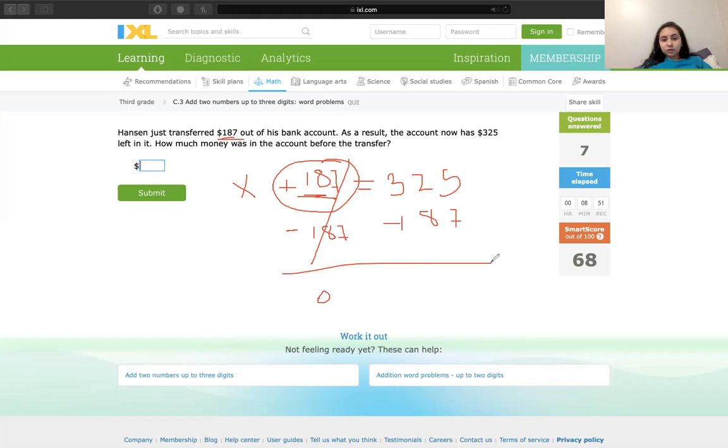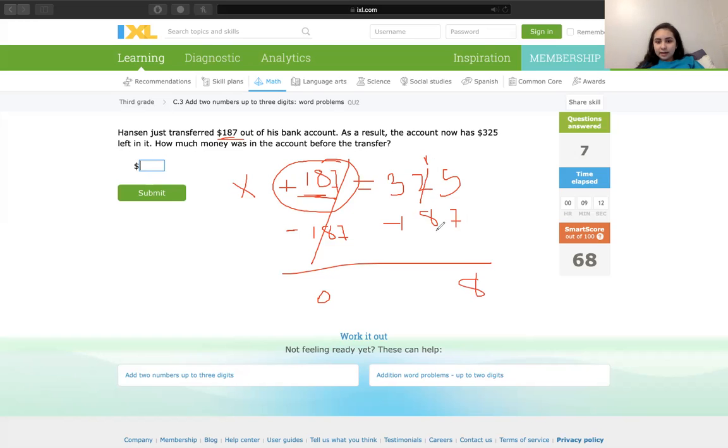Now, 325 minus 187. So 5 minus 7, we're going to have to make it 15, right? So 15 minus 7, 1, 2, 3, 4, 5, 6, 7, 8. And we took 1 away from this one to make it 15, so it's now 1.